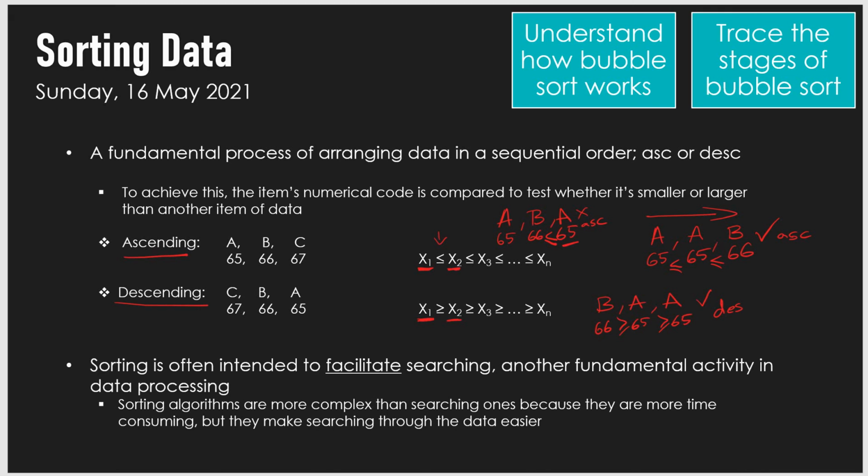So instead of measuring every single straw against each other to find which one is the middle one, you just put them in order and pick the middle one, because that would be the one that you would want. So again, sorting data is done so that we can search it with ease.